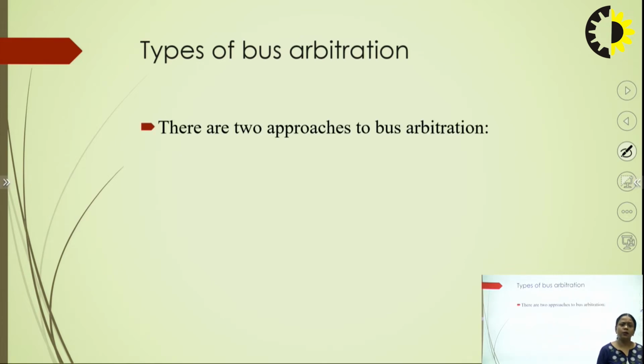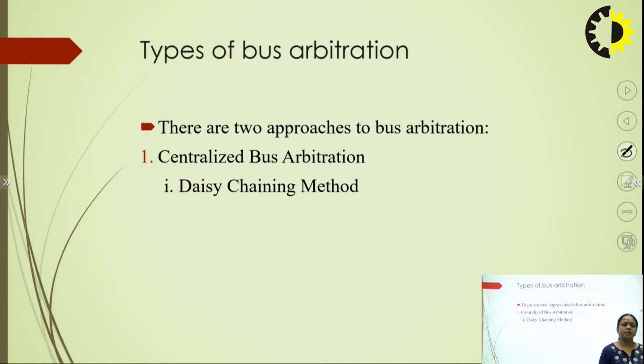There are mainly two approaches for bus arbitration. The first one is centralized bus arbitration. In the case of centralized bus arbitration, we have a centralized bus controller which will decide which device will send the data on the buses.